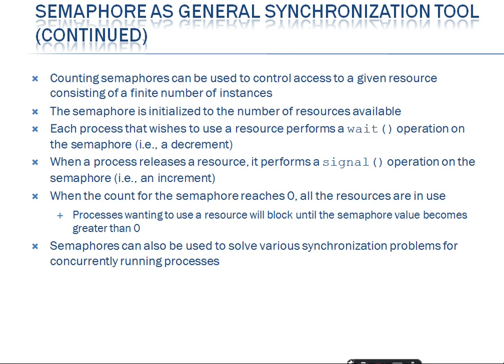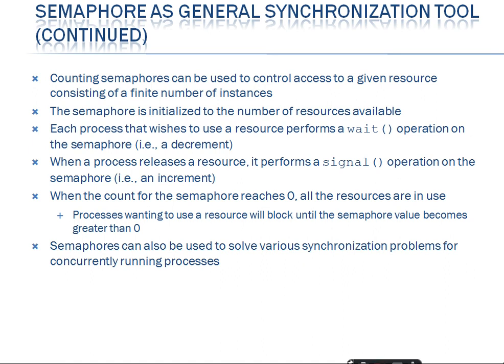When a process releases a resource, it performs a signal operation on the semaphore, hence incrementing the semaphore value. So if a process wishes to use a resource, it performs a decrement over the semaphore, indicating that one of the instances is under the usage of a process. As soon as it finishes the use and releases it, it must signal to indicate that the used resource is now again available for other processes.